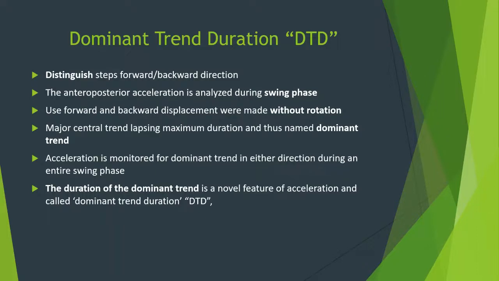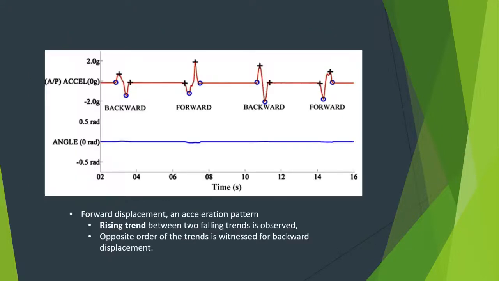The major central trend lasting maximum duration is thus named the dominant trend. Acceleration is monitored for the dominant trend in either direction during an entire swing phase. The duration of the dominant trend is a normal feature of acceleration and is called dominant trend duration, or DTD.